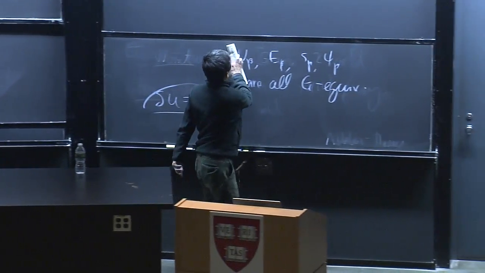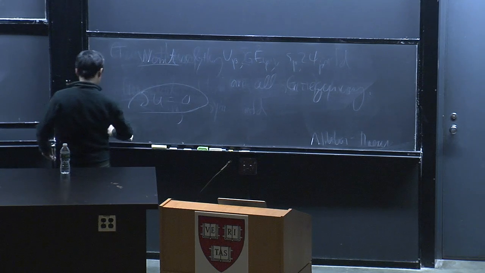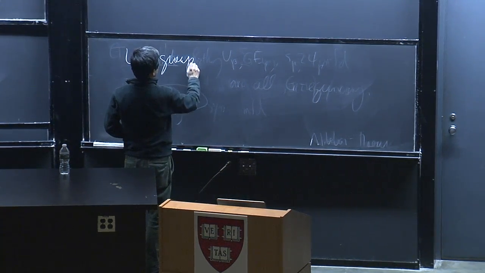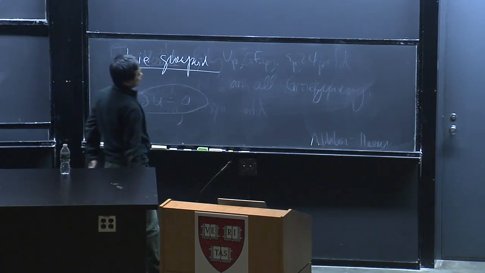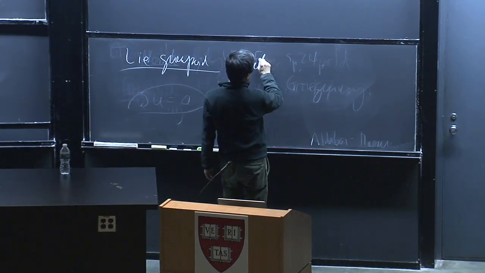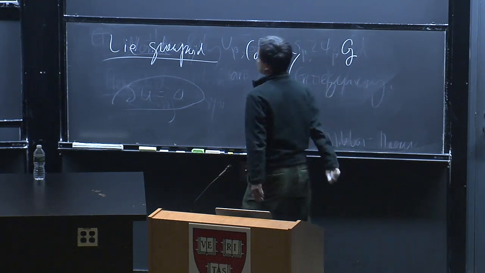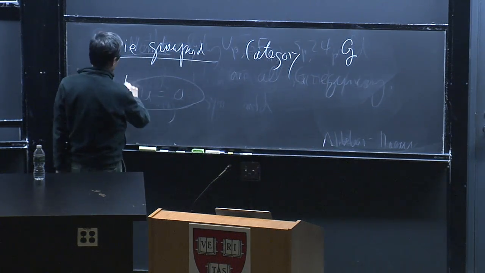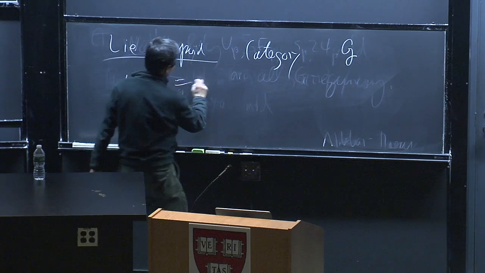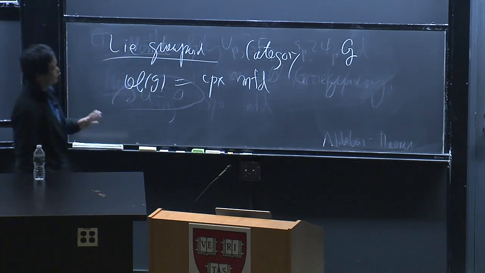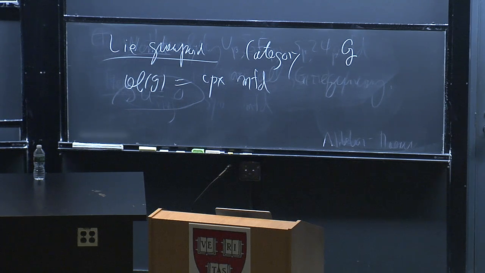So what is a Lie groupoid? A Lie groupoid is basically a category. So let me write G. Then it has objects, but not only this, this should be a complex manifold. So usually a Lie groupoid is discussed in the C infinity category, but you can obviously change it to the complex analytic category.